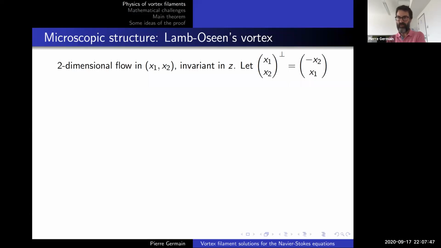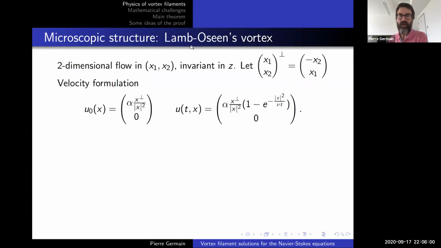So for now, we're going to think of a situation where everything happens in a horizontal plane, which is the x1, x2 plane. And everything is invariant in the vertical direction, which is z. So in velocity formulation, the Lamb-Oseen vortex is given by this formula.